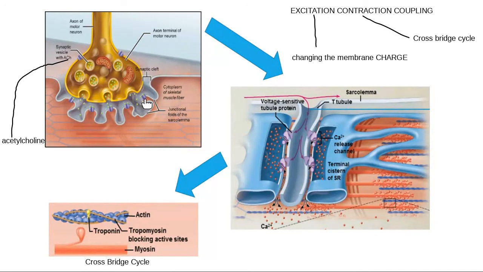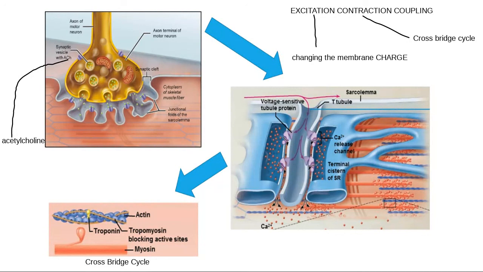When I open because of acetylcholine, acetylcholine opens me. So acetylcholine opening me means I'm what kind of gated channel? What kind of gated channel do I have if a neurotransmitter opens me?